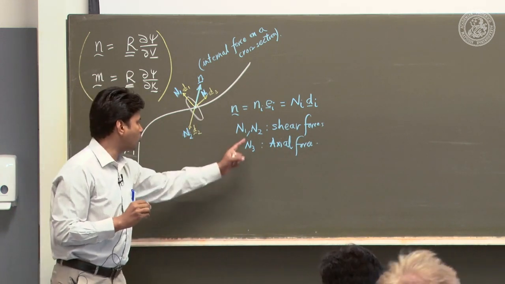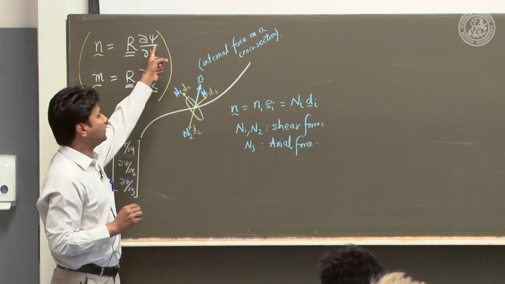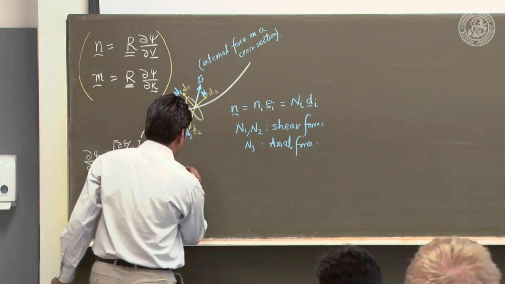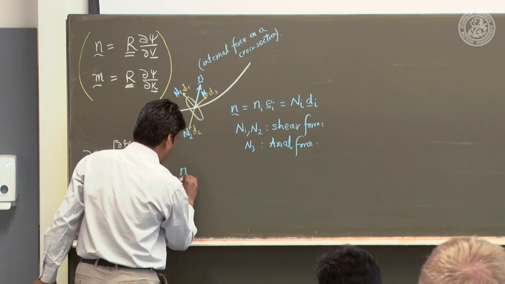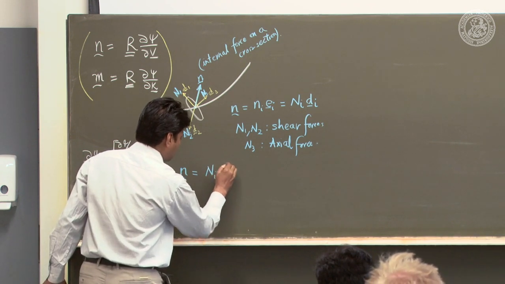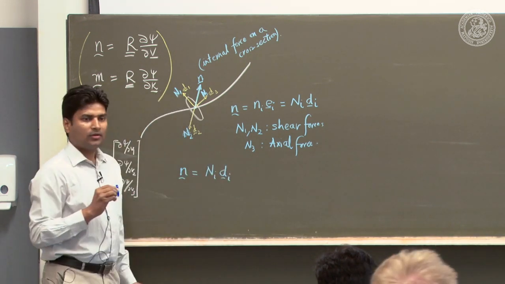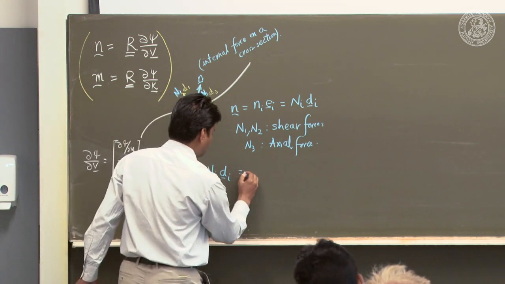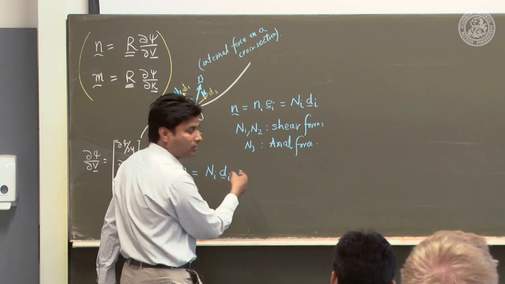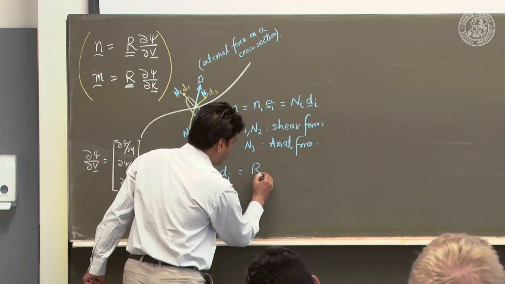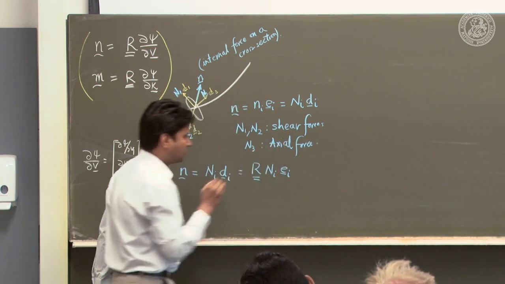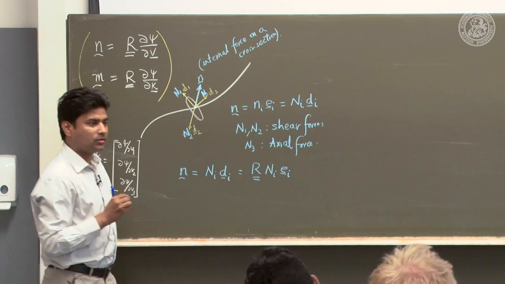Let's see how these three quantities are related to the derivatives of psi with respect to V. So we will write again n equal to N_i d_i, which is same as, now d_i you write as big R times e_i. So this becomes big R N_i e_i, isn't it?